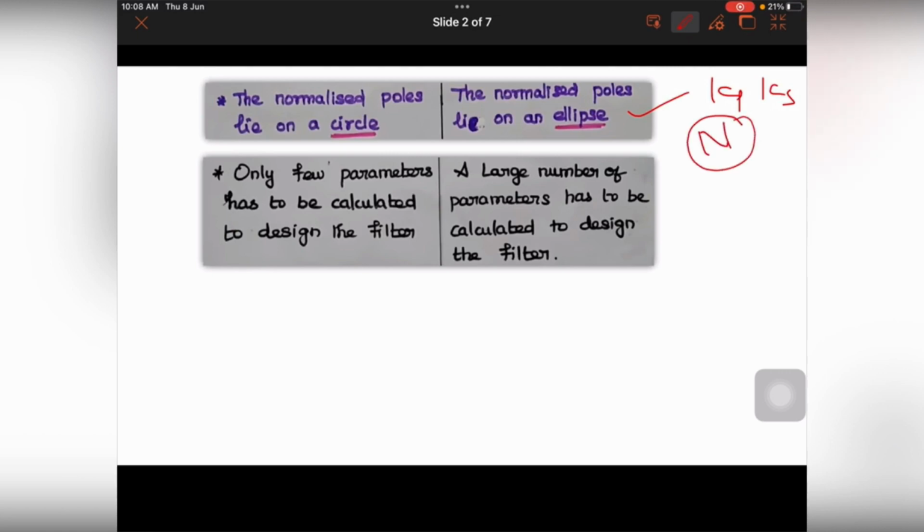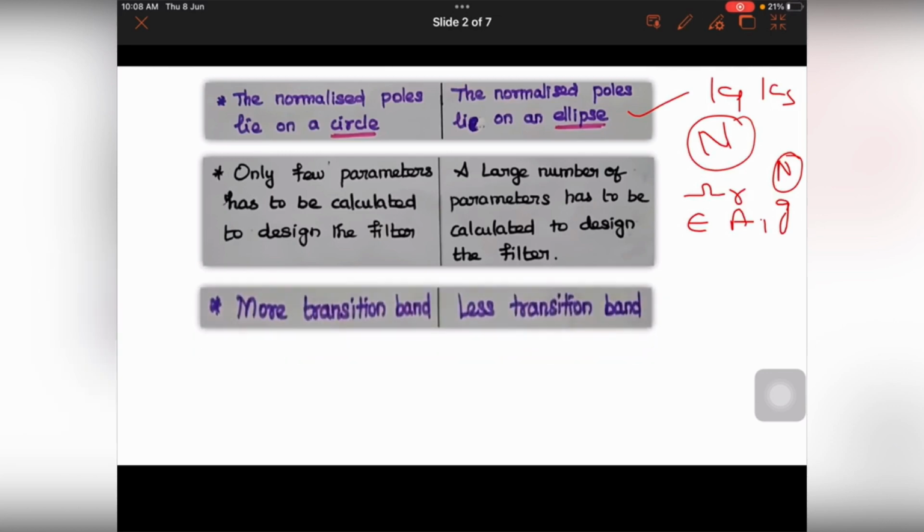Whereas in the Chebyshev filter, we have to find the critical frequency omega r, epsilon, a, g, and then we can calculate n. So we require more parameters in the Chebyshev filter as compared to the Butterworth filter. This is also one of the major differences between Butterworth and Chebyshev filter.